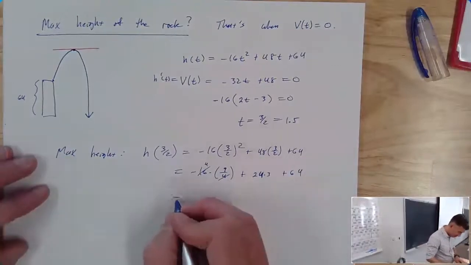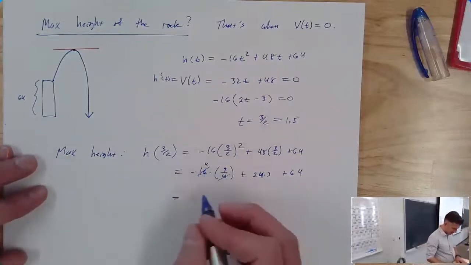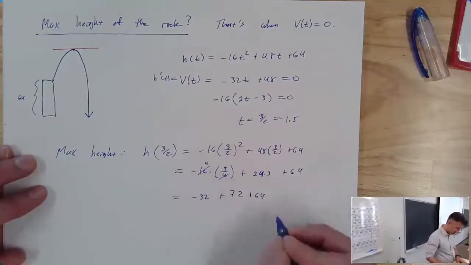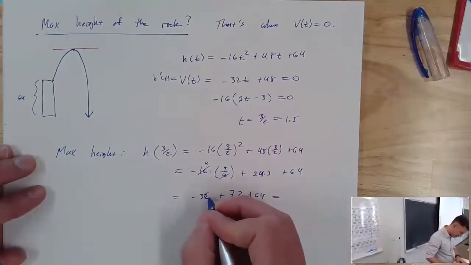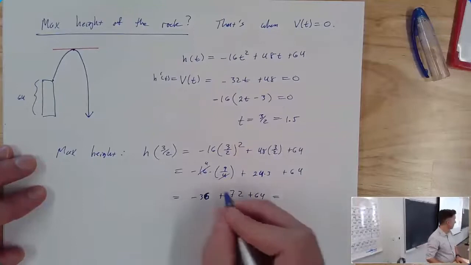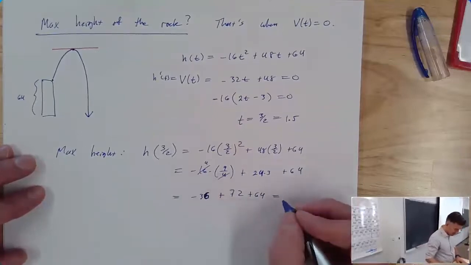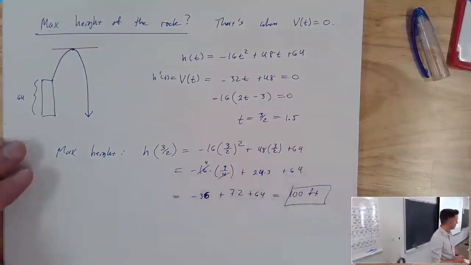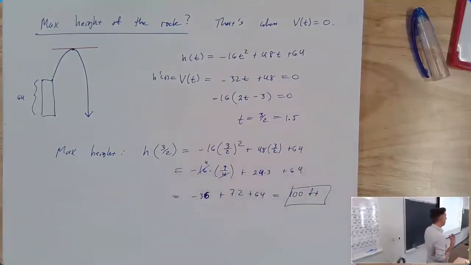So we get negative 4 times 9, so negative 36, plus 72, plus 64. Negative 36 plus 72 is positive 36, plus 64 is exactly 100 feet high. That's the maximum height of this particular rock that was thrown.